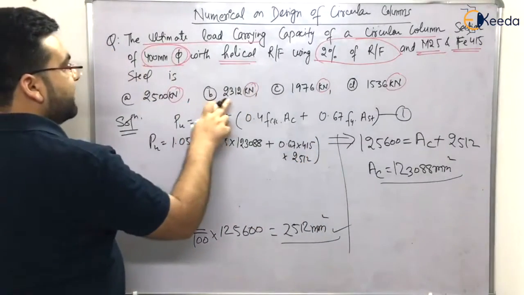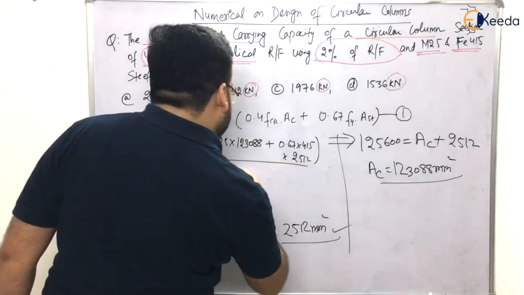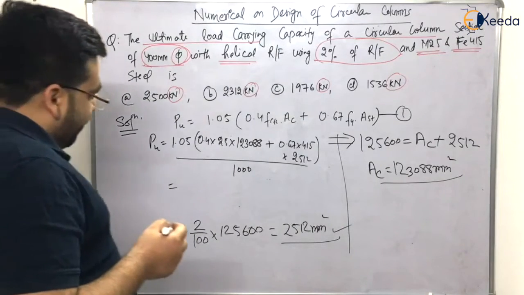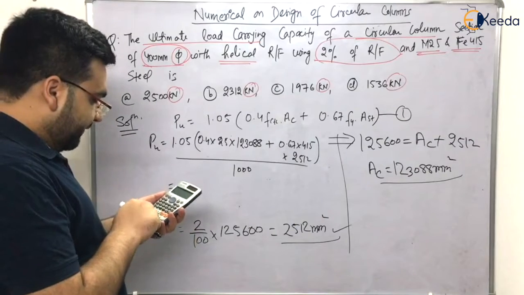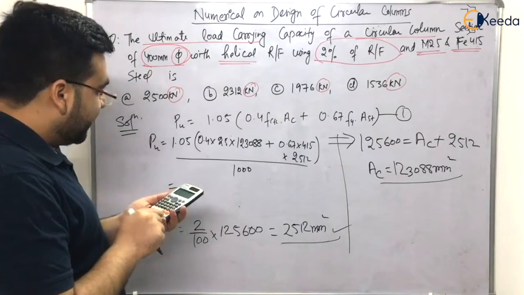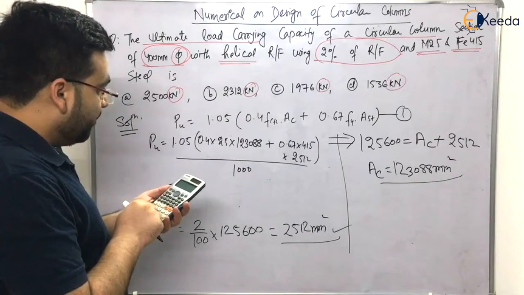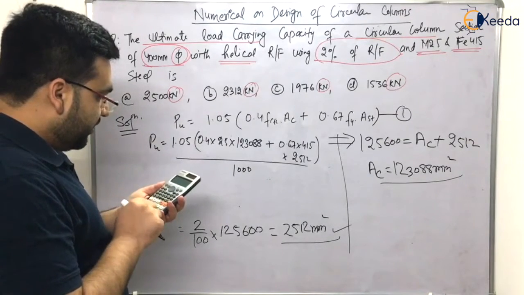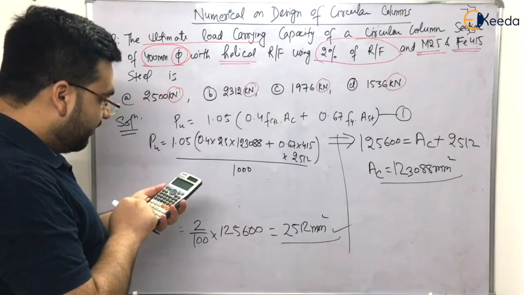But we have to get the answer in kilonewton, so we divide the Newton value by 1000. So it will be 0.4 into 25 into 123088, plus 0.67 into 415 into 2512, multiplied by 1.05 and divided by 1000.